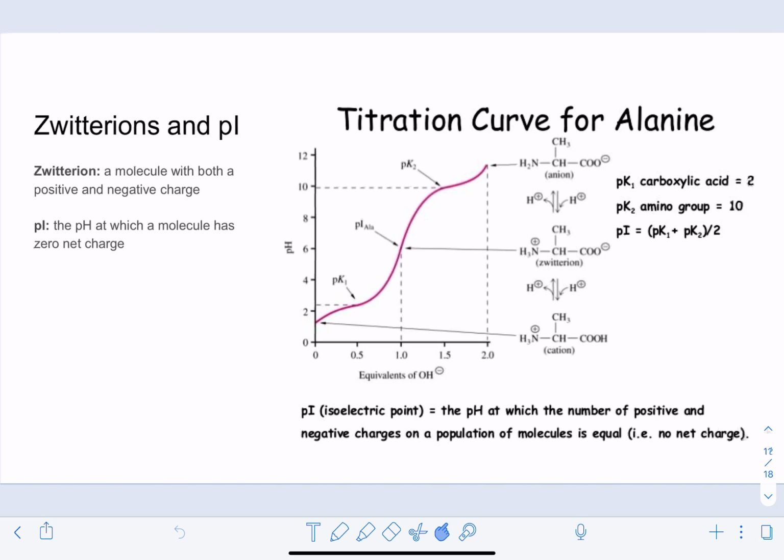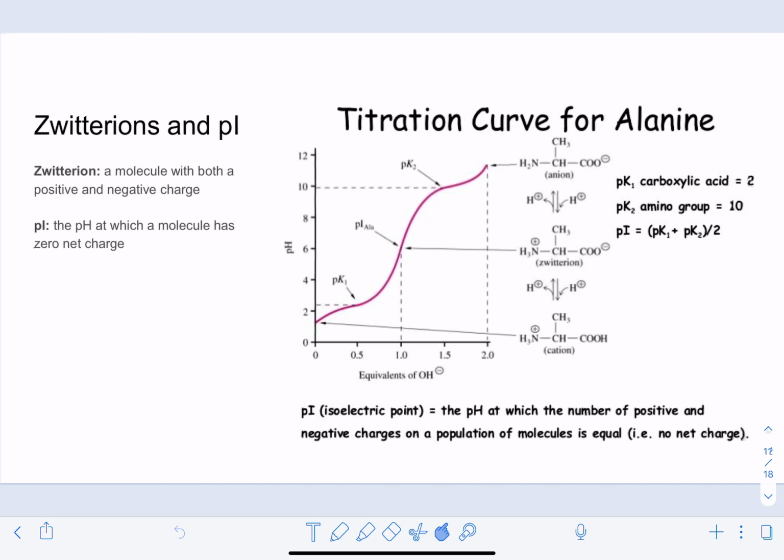Fortunately, it's relatively straightforward. In this example with alanine, which is a hydrophobic amino acid, its functional group is just a methyl group, which is not very acidic or basic, so it will not have a pKa value.